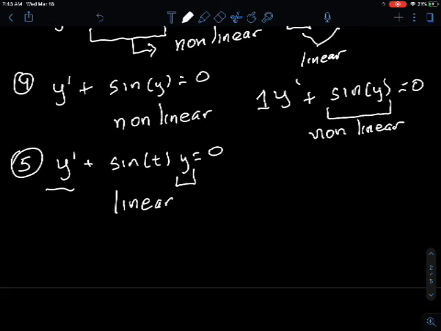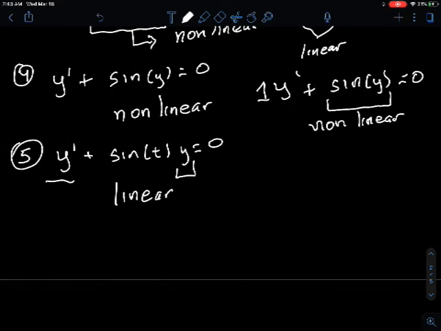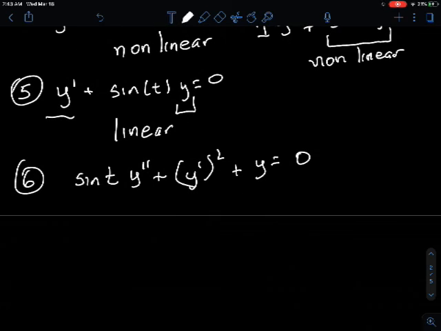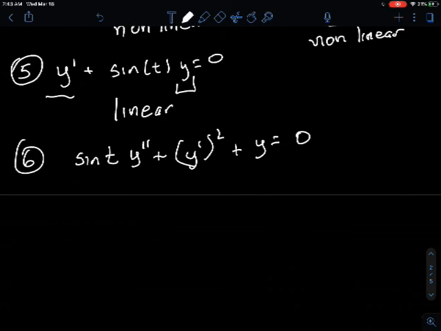Okay. One more problem I'm going to give you guys: sine of t y double prime plus y prime squared plus y equals 0. I'm going to open this problem a little bit.